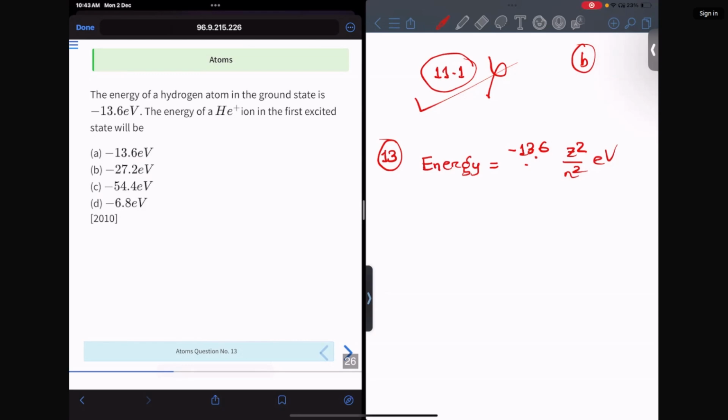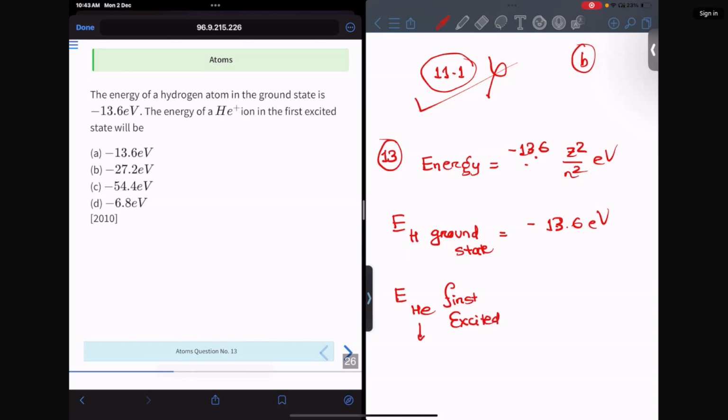So energy is equal to minus 13.6 Z square upon N square. The energy of hydrogen atom in ground state is minus 13.6 electron volt. So the energy of helium in first excited state.